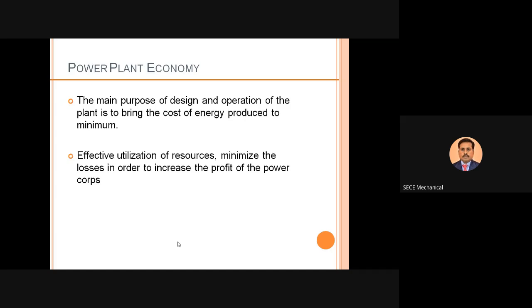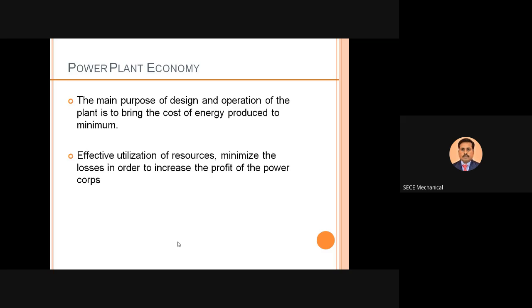So the main purpose of power plant economy is to bring the cost of energy produced to a minimum. That is the main requirement. Whatever cost is involved to produce the energy should be minimum. For that purpose we are going to discuss power plant economy.